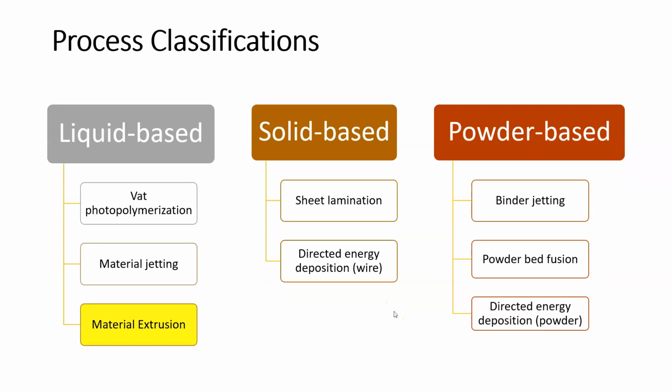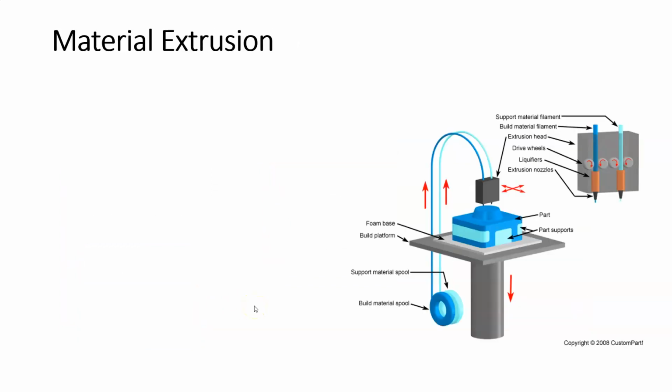The one we're going to look at in this lecture right now is material extrusion. All right, so let's get into it. Material extrusion: the figure shown on the right is a basic process for material extrusion.